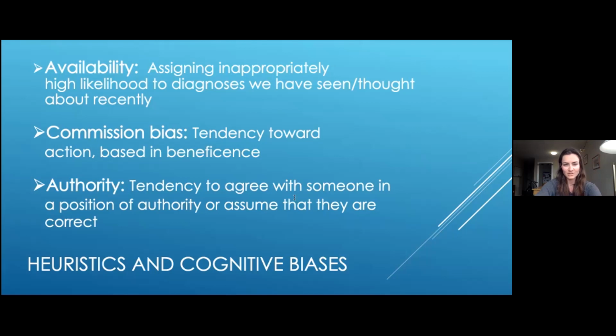So with the commission bias, there's an omission bias, which is the direct opposite, which is the tendency to want to do nothing. And so for most of these, if you take anything to an extreme, right, if you take it from one side back to the other, you're not doing yourself any favors there either.